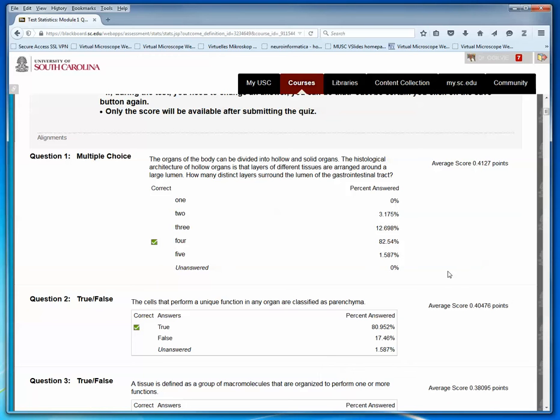Well, that whole tract can be considered one organ, but also separate organs like the esophagus, stomach, and the intestines. But it has 4 layers, and that was presented in the lecture. And the cardiovascular system has 3 layers. You've already learned that you've got the intima, media, and adventitia of an artery.